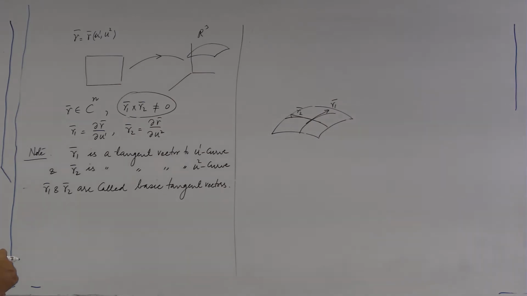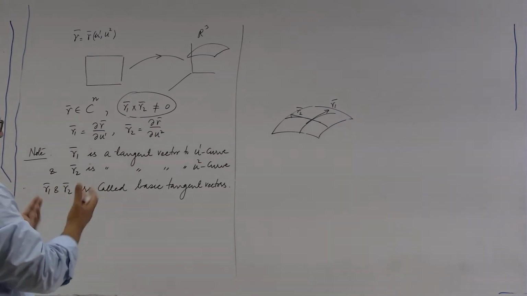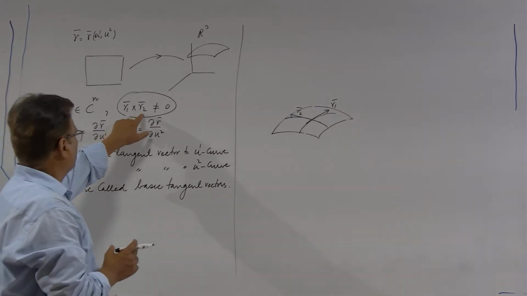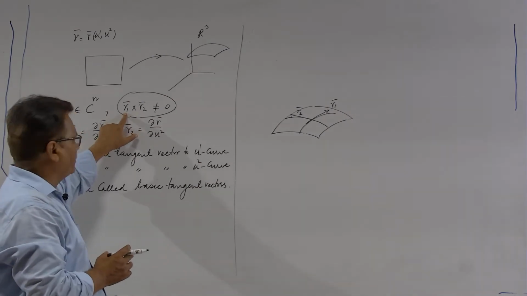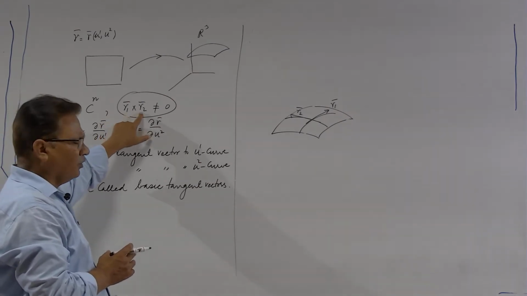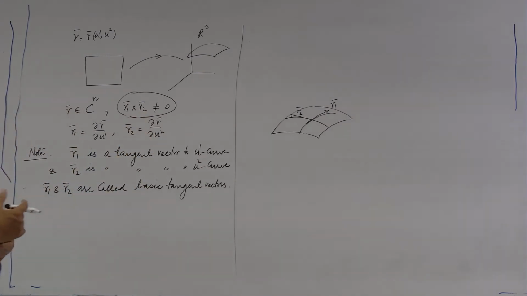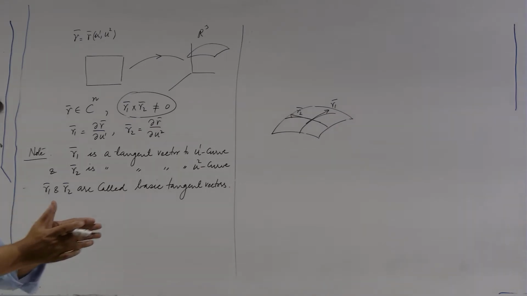because the two variables U1 and U2 are independent variables, and therefore the derivatives will give you distinct, non-collinear tangent vectors. So, once they are non-collinear, this cross product will not be 0. If one of them is 0, you have practically one tangent vector, the other becoming 0, and therefore there is some sort of collapsing of the surface into a one dimensional object.